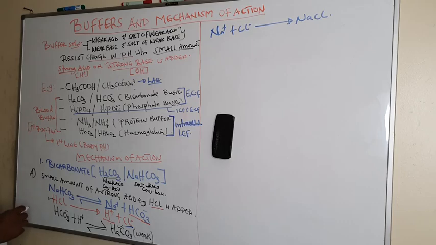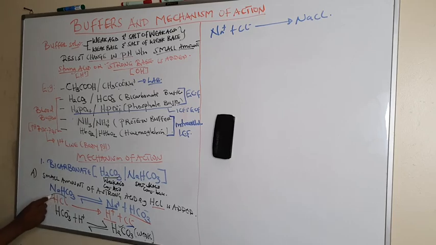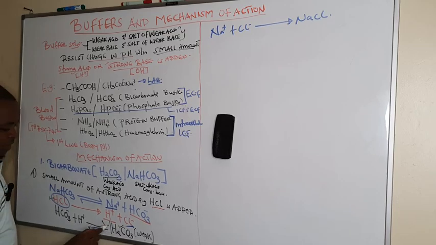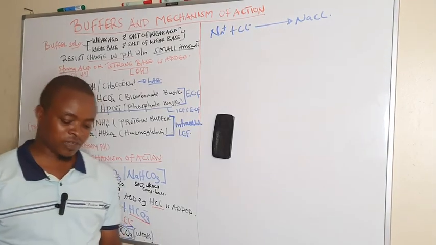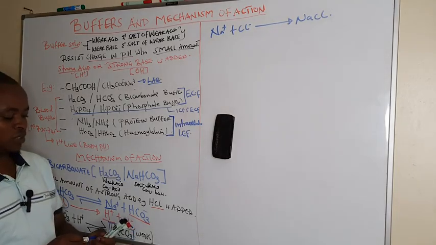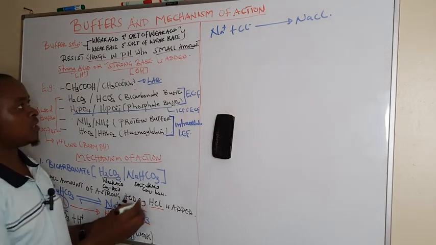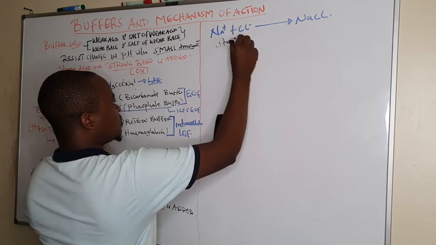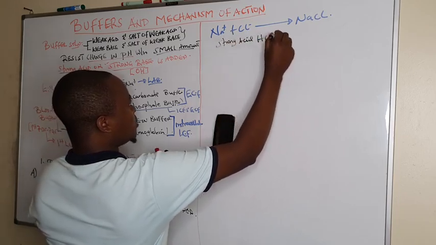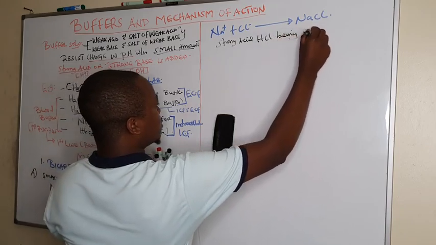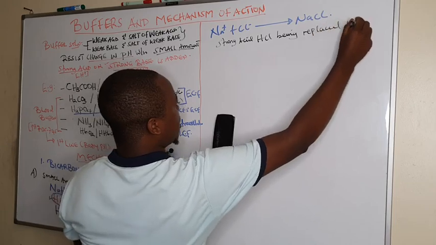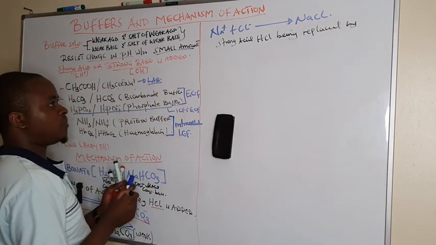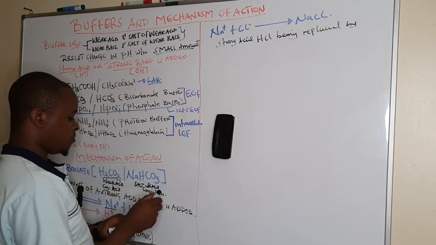So we can appreciate that due to replacement of a strong acid, hydrochloric acid, which was added, by the weak acid, carbonic acid, this is going to help us keep a relatively constant pH. So we are seeing the strong acid, hydrochloric acid, being replaced by weak carbonic acid.